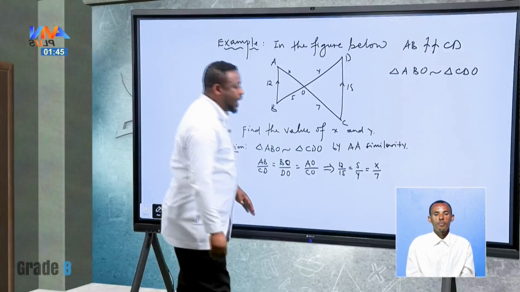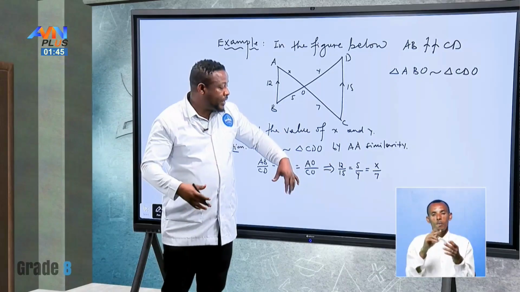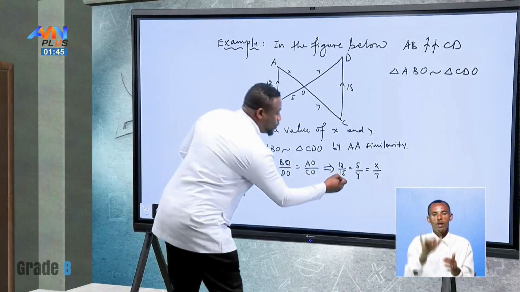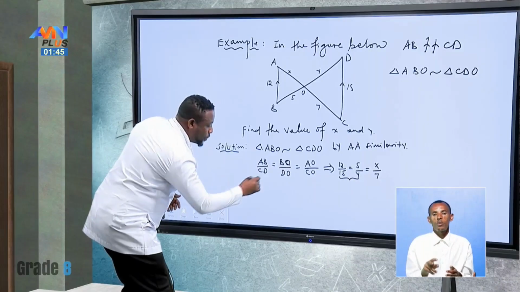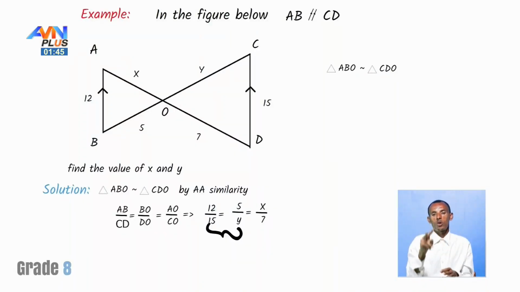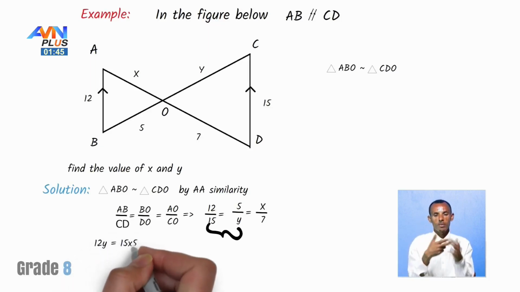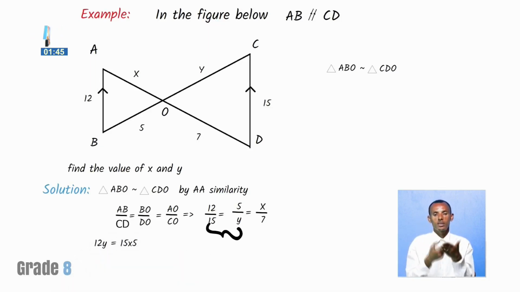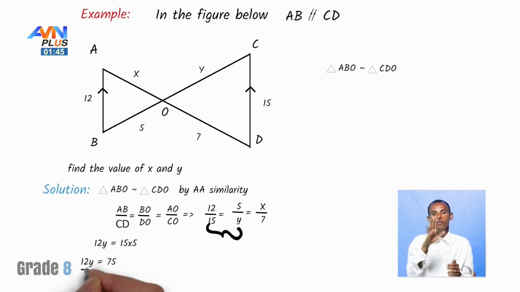Now, taking the first two proportions, we can get the value of Y. Take these two, that means 12, okay, you can use crisscross. 12 times Y is equal to 15 times 5, okay? So this means 12Y is equal to, what is the product of 15 and 5? Well, 15 times 5 is 75, right?